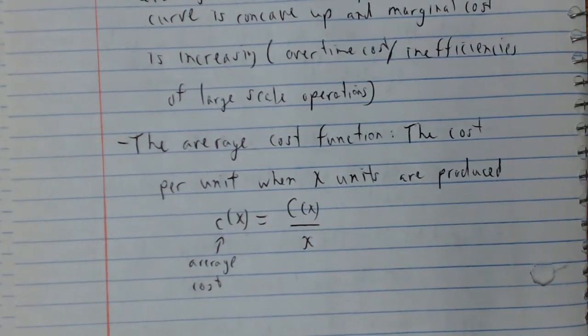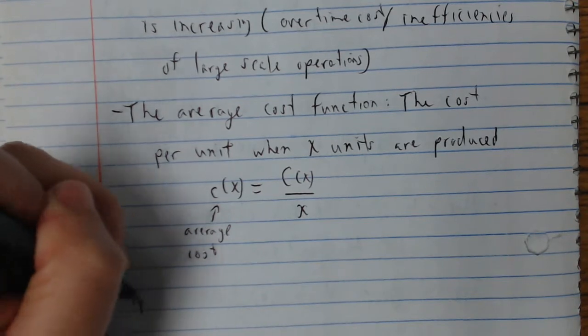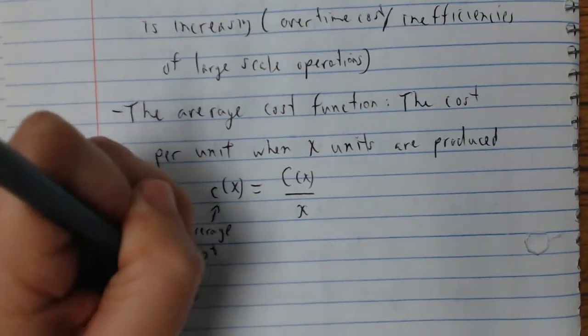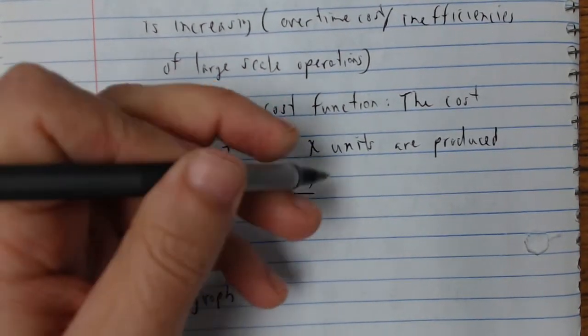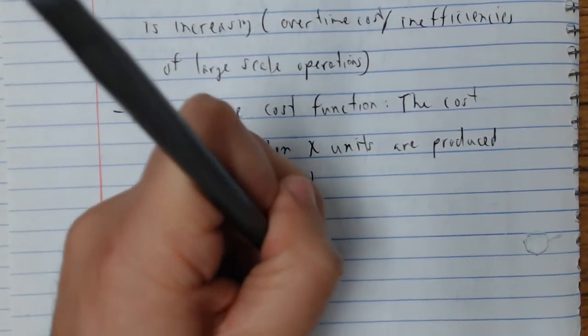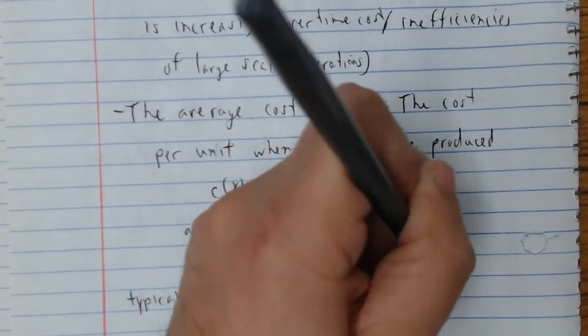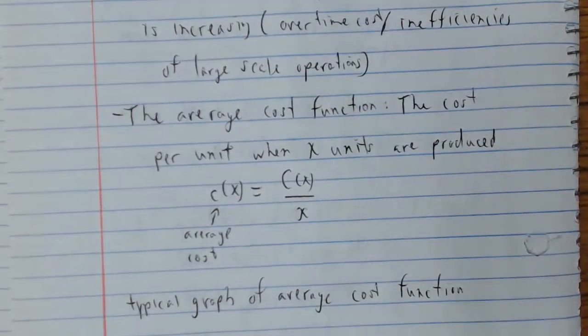Okay, so what you should notice is that the typical graph of the average cost function looks like this.